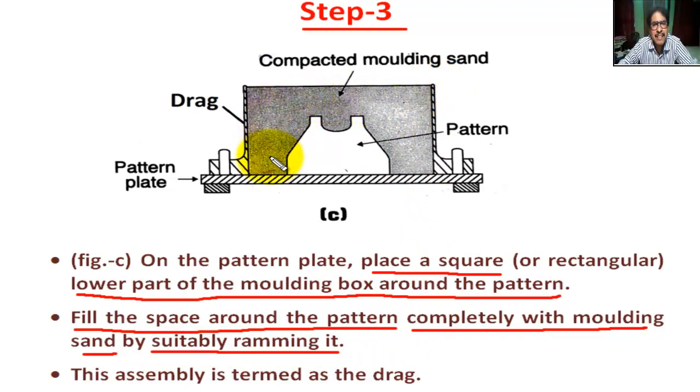We fill this space with molding sand and ram it to compact it. This assembly is termed as drag. This is the lower part of the molding box.